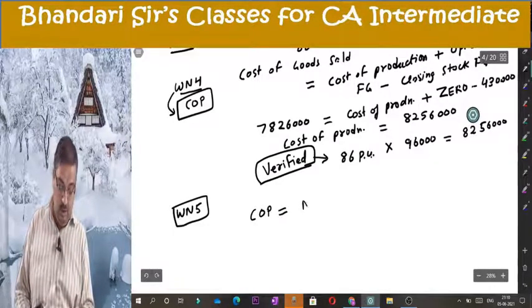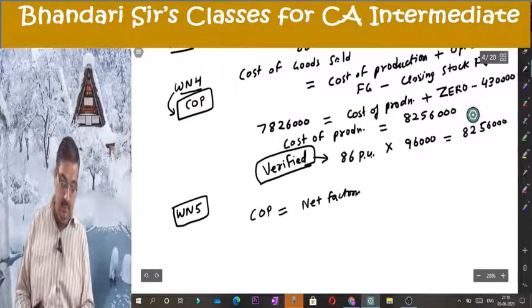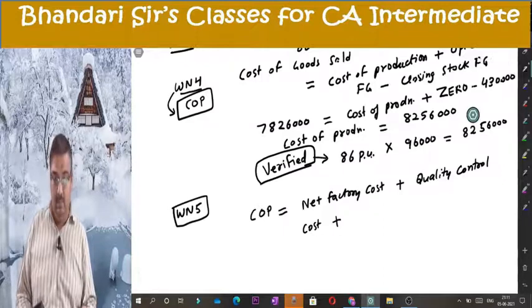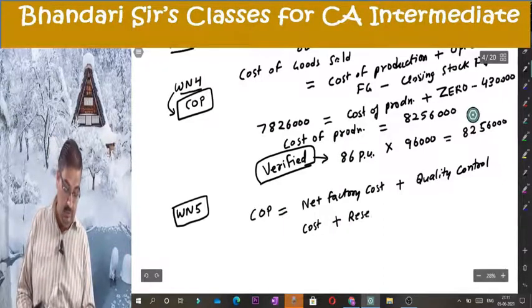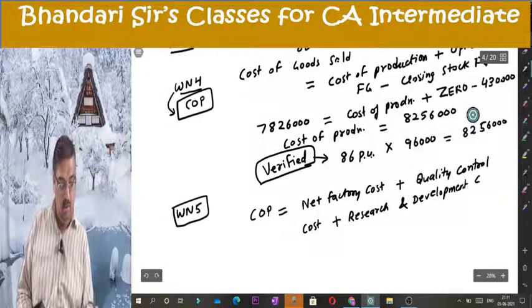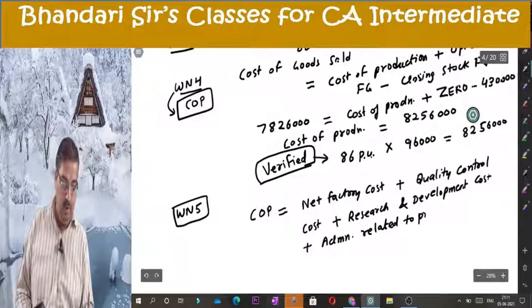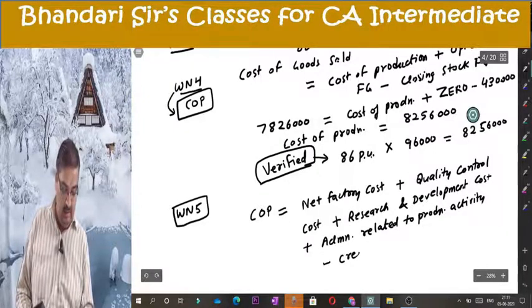Cost of production is equal to net factory cost plus quality control cost plus research and development cost, plus administration cost related to production activity, minus credit for recoveries.